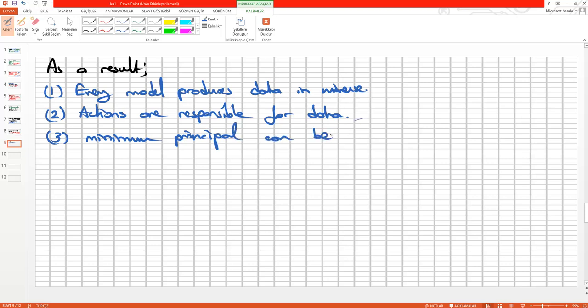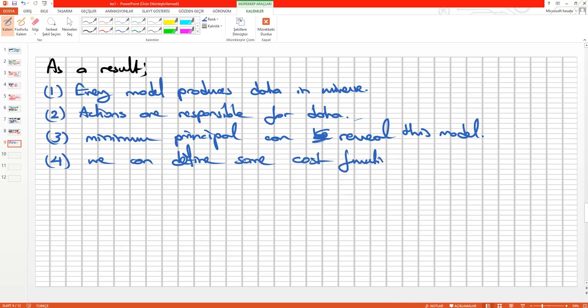The minimum principle can reveal this dynamics, because in the first place we reached the Euler-Lagrange formulation by minimizing the simplest function. But if there is no information about the model, we can use the minimization of energy that we can define, or we can define some cost function with the error term, like E is equal to Y minus Y real.